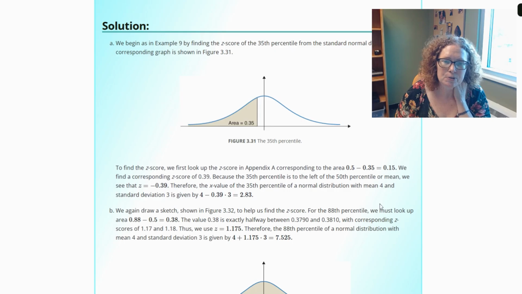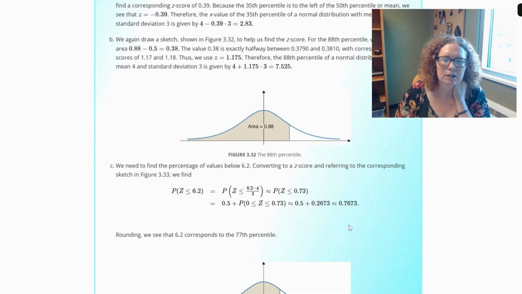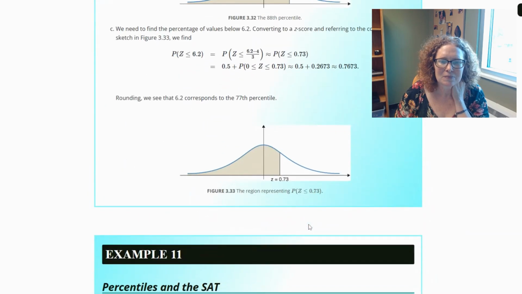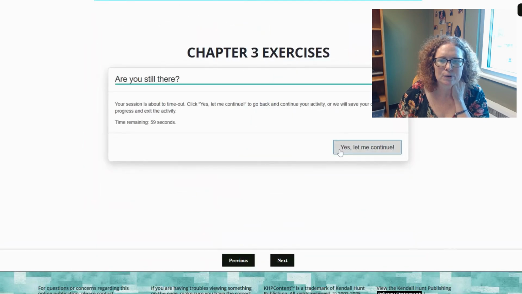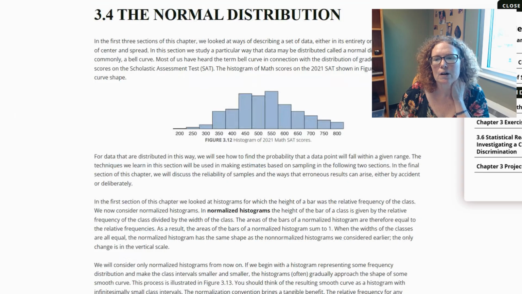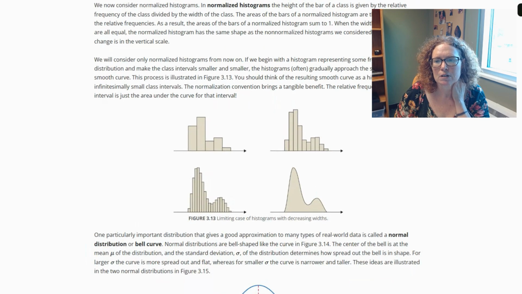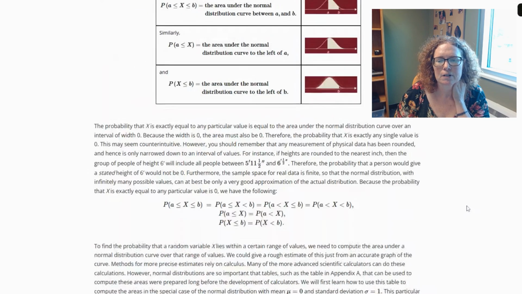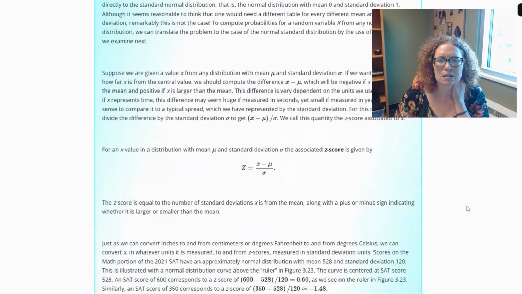But we look at also the standard deviation, and again, we're just doing the same, 0.5 plus the 0.2673. We've done this formula. And so then we can see where that would fall. And we're almost done with 3.4. Yeah, we can get back to it.